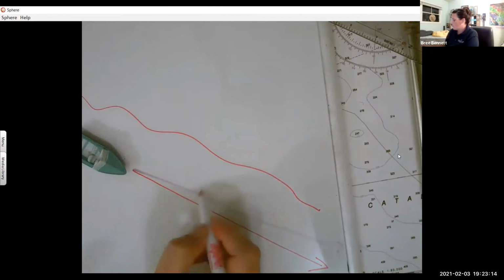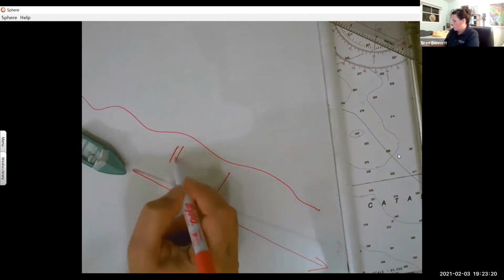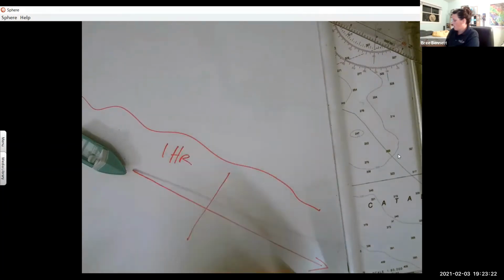So if I'm navigating 1 degree off for the first hour, let's say this is 1 hour, the longer I navigate on this erred course, the more error I'm going to get, the more off course I'm going to be.